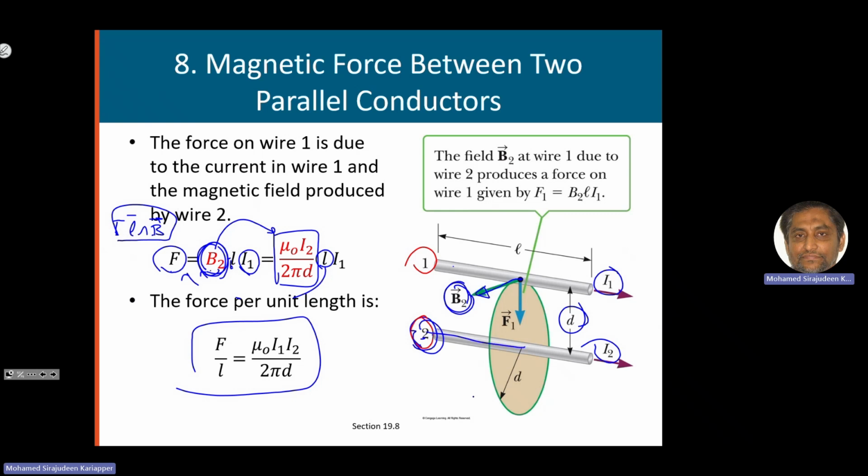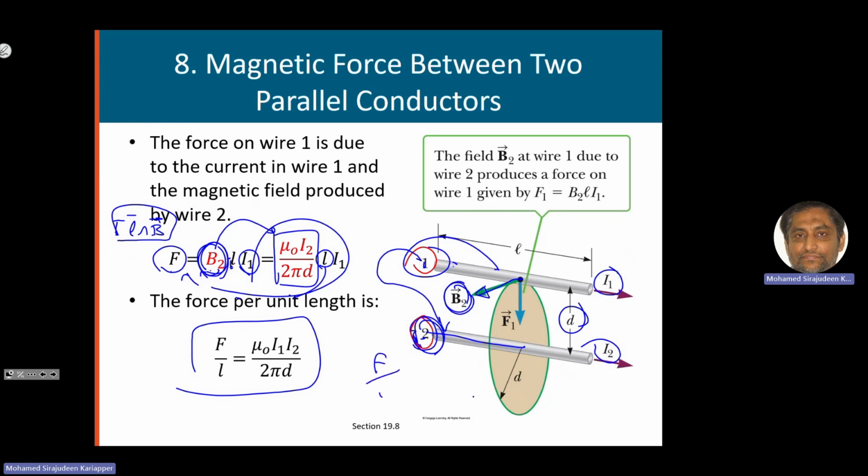We can do the same thing for wire number 2. Now you can say wire number 2 is carrying a current in a magnetic field created by wire number 1, and you will get exactly the same equation. So wire number 1 experiences a force because of the magnetic field from wire number 2, and similarly wire number 2 experiences a magnetic force because of the magnetic field created by wire number 1.